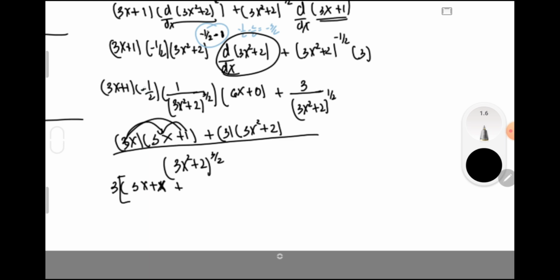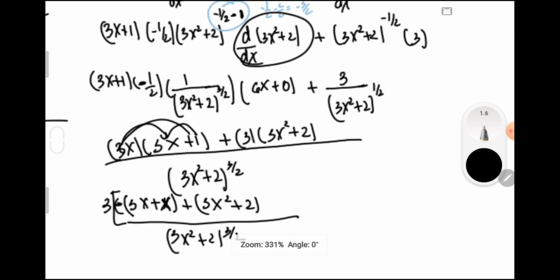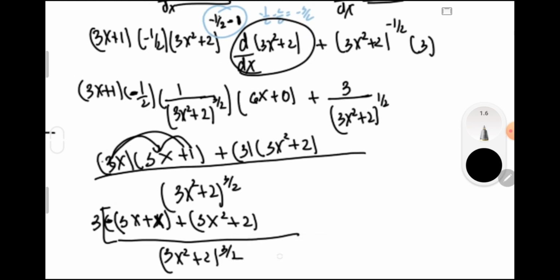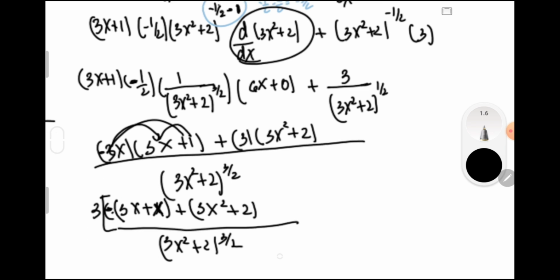So negative 1 half, so we should retain that here. Okay, negative, plus our 3x squared plus 2 divided by our 3x squared plus 2 raised to 3 halves. Okay, so to recap, the negative 1 half from earlier, we should still have a negative here. After that, I factor out the 3 so it remains, then I multiply the x inside, which is why the negative remains here.